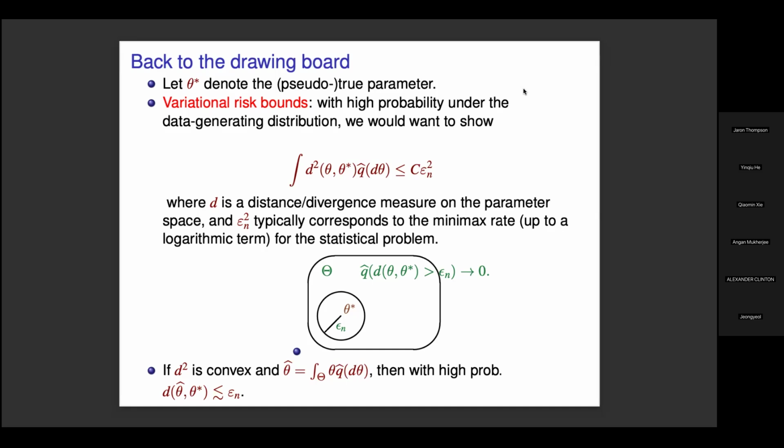If we can show that this risk is upper bounded by the squared minimax rate, then we know that at least the mean for the variational estimate is doing the right job.